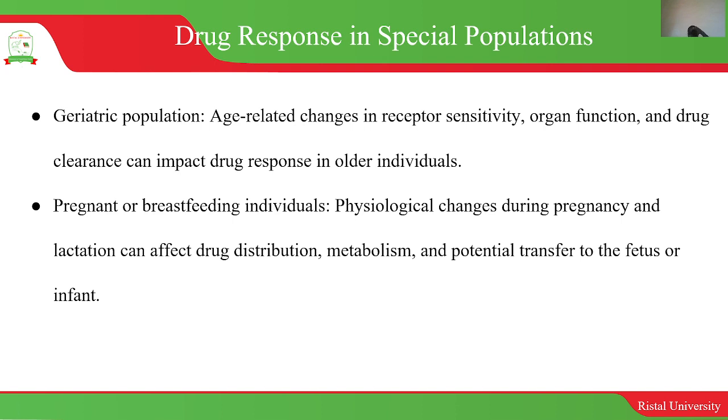Age-related changes in receptor sensitivity, organ function, and drug clearance can impact drug response in older individuals. In pregnant or breastfeeding individuals, physiological changes during pregnancy and lactation can affect drug distribution, metabolism, and potential transfer to the fetus. That's why we really need to be careful, and that's why we have specialties in all these departments. It's just because they have different pharmacokinetics and also pharmacodynamics.